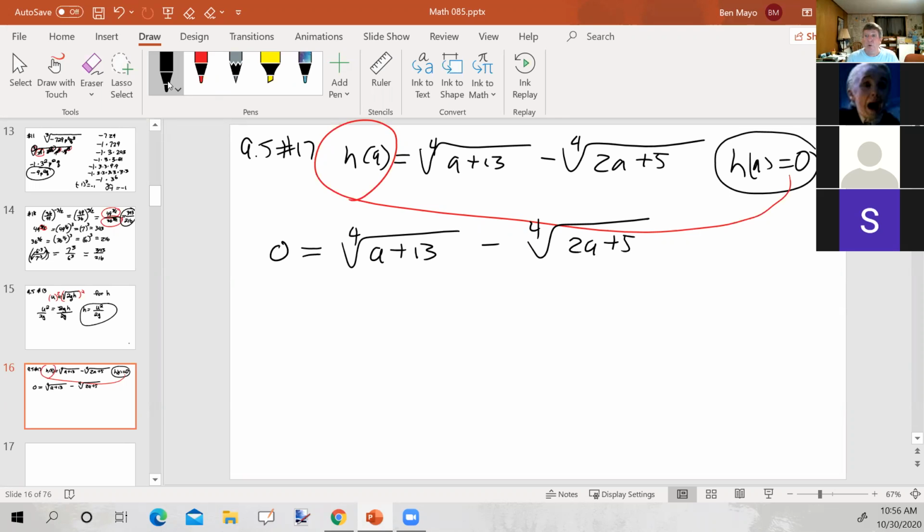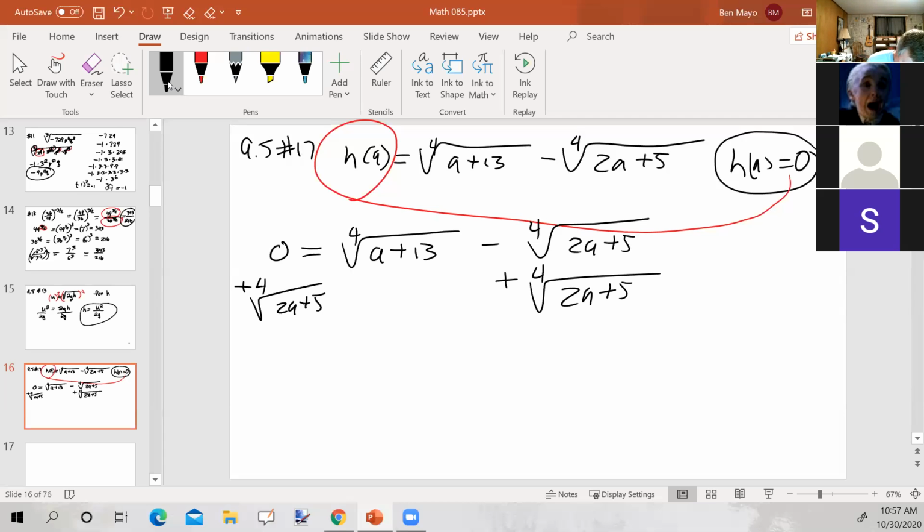Recall that in both absolute values and in radical equations, if you have one absolute value or one radical, you want to isolate it on one side of the equation. If you have two of them, you want to separate them. So what I'm going to do now, I'm going to separate these two radicals. I'm going to add the 4th root of 2a plus 5 to both sides of the equation.